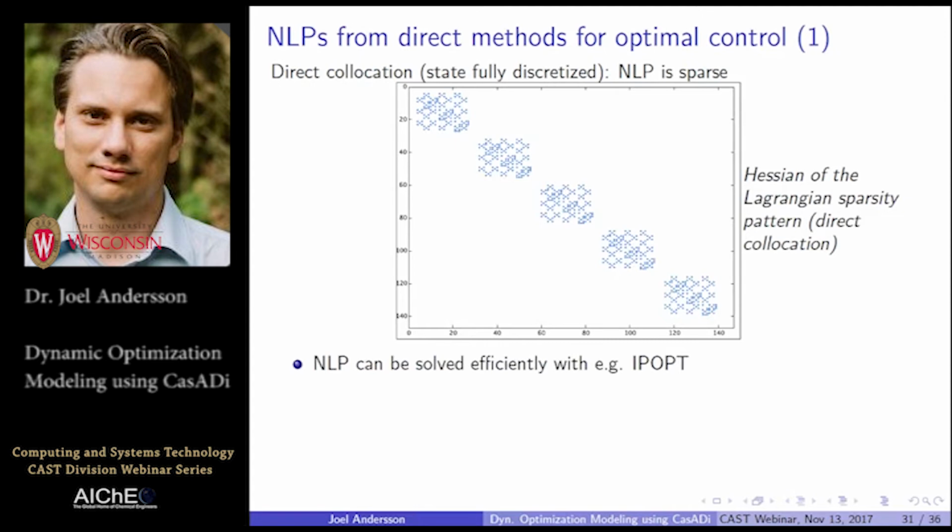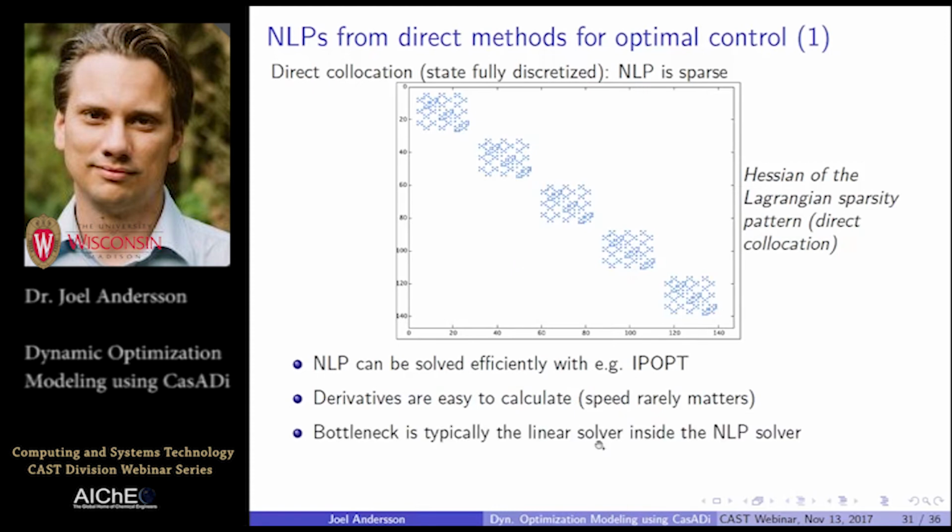This type of structure can typically be solved, in the case of direct collocation, with solvers such as IPOPT. Again, in direct collocation it's important that you calculate the derivatives exactly, but how fast you calculate them often doesn't matter much, because the difficult part here is typically the linear solver inside, in this case IPOPT.